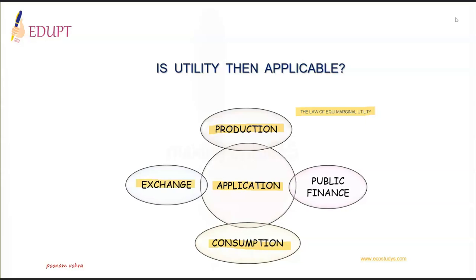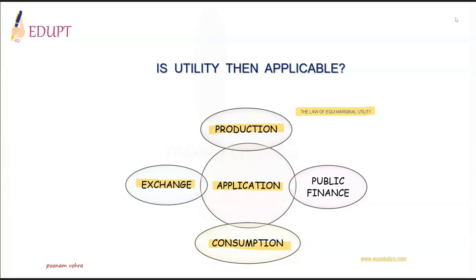People like to exchange a commodity having low utility for a commodity having high utility. So there is maximum benefit from the exchange of commodities. So the law is helpful in the exchange of wealth, trade, imports and exports.